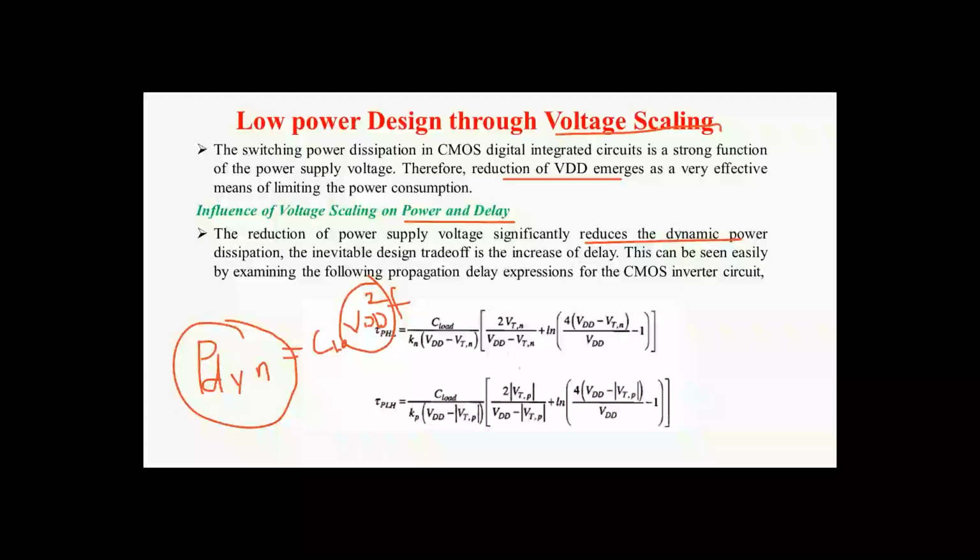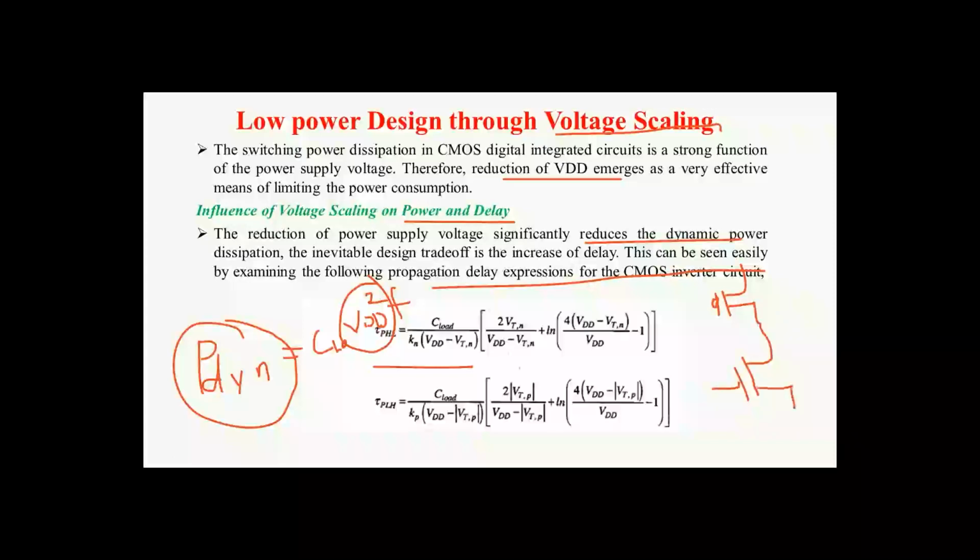Now we have to see what will happen to the delay when we reduce the power supply. We consider the CMOS inverter circuit and the expression for the propagation delay for the input going low to high as well as high to low. An inverter circuit contains one PMOS and one NMOS.